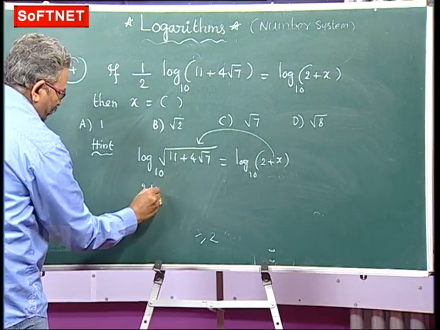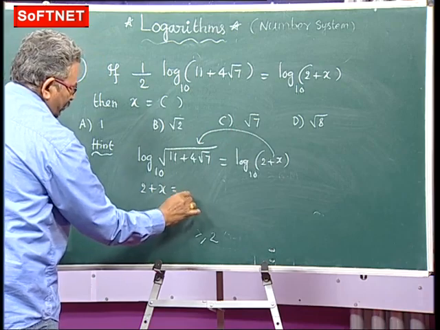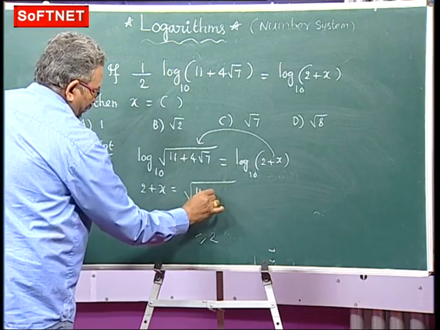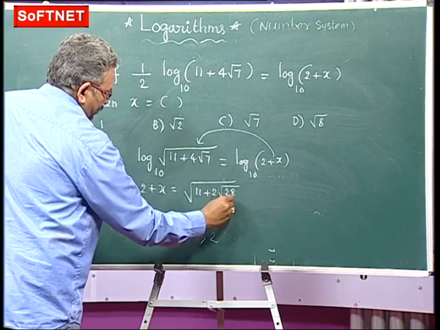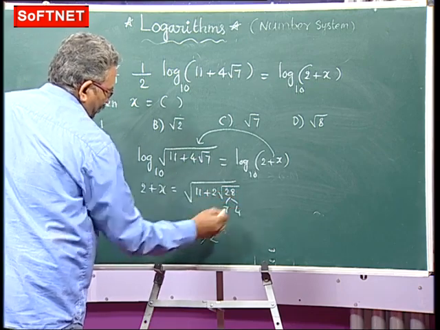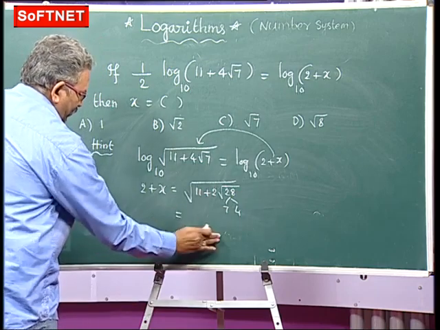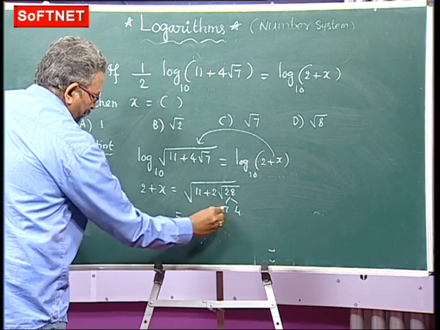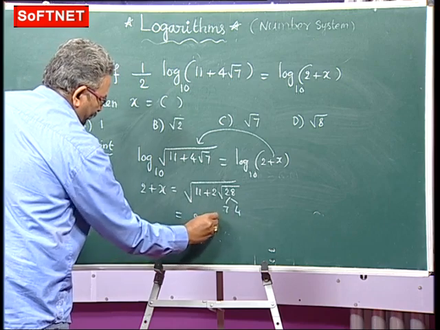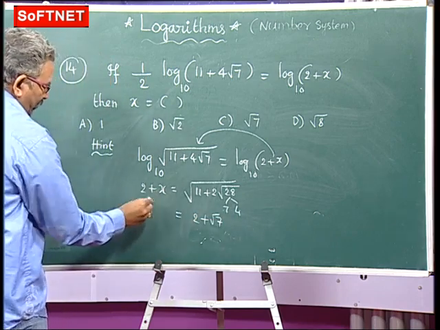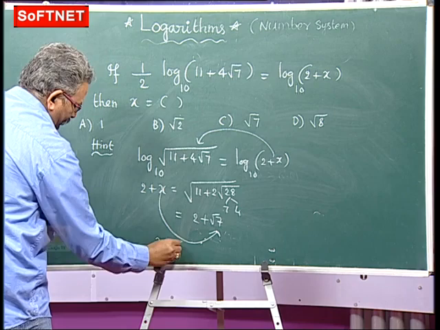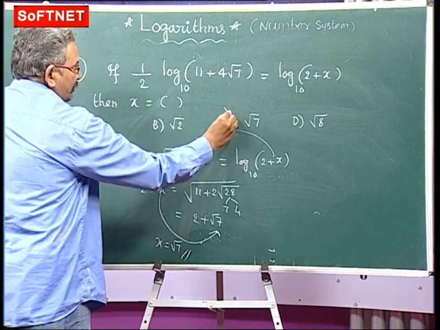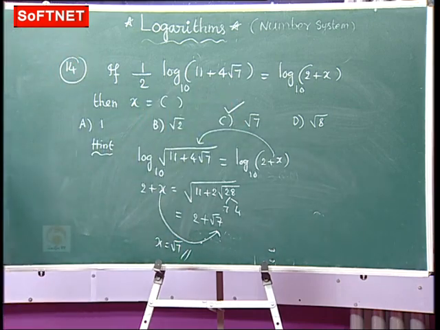So we can write 2 plus x is equal to root of 11 plus 2 root of, this can be written 28. This 28 can be written as 7 into 4. This will be root 7 plus root 4, 2 plus root 7. Comparing on both sides, x is equal to root 7. This is the right answer. C will be the right answer.